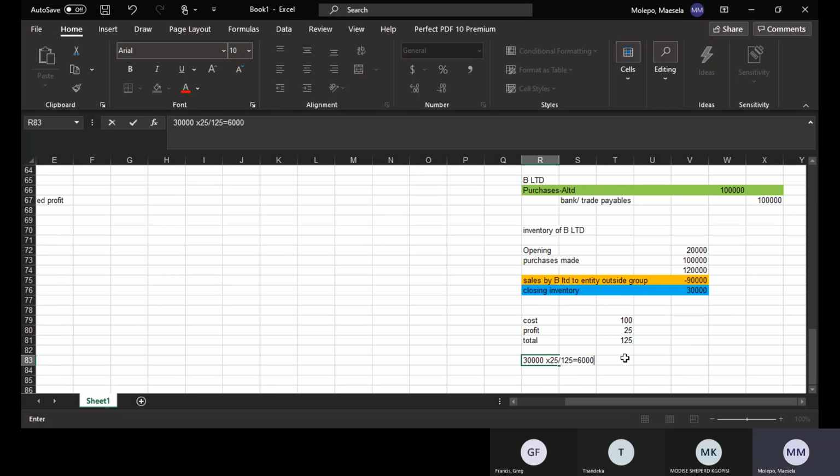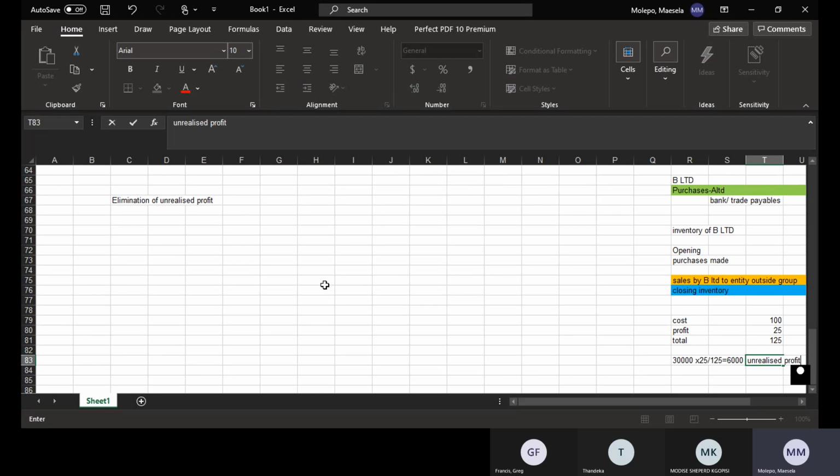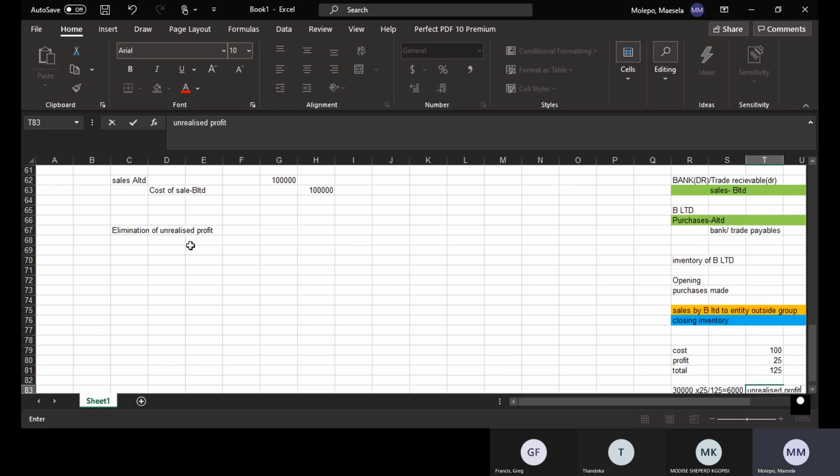So this 6,000 is going to be called unrealized profit, because it represents the inventory which was not yet sold to the public outside the group. So this unrealized profit is the one to be eliminated here on our journals.